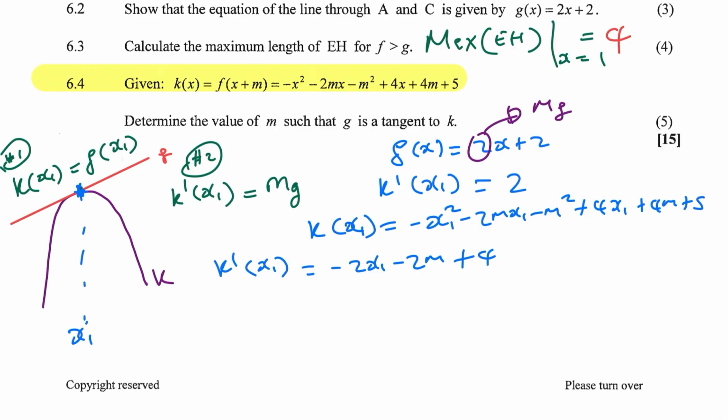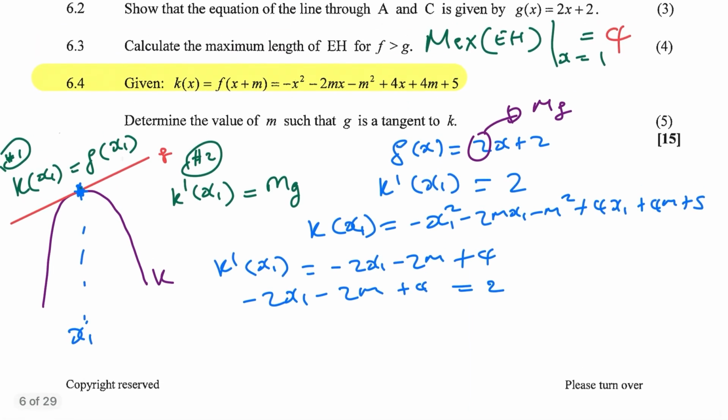Now, we know this is true. So we know that negative 2x1 minus 2m plus 4 is equal to what? 2.